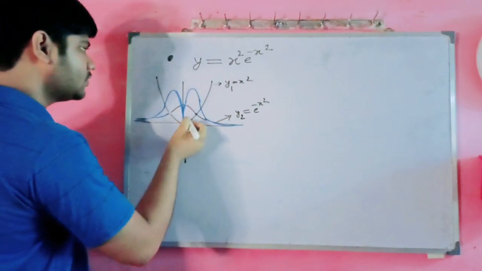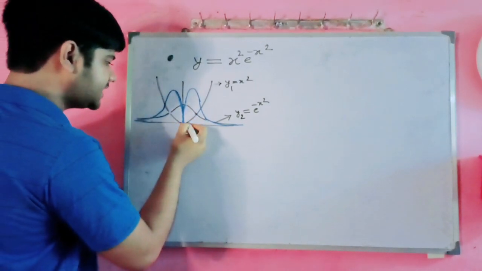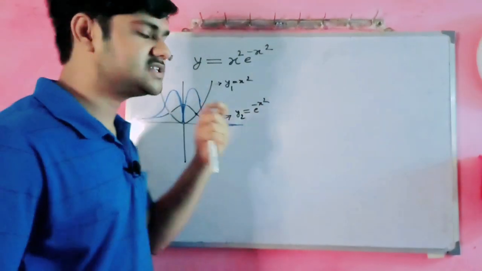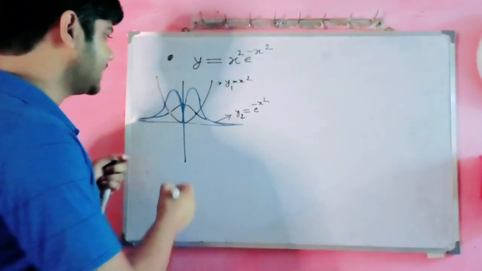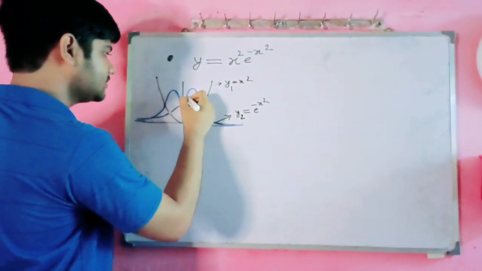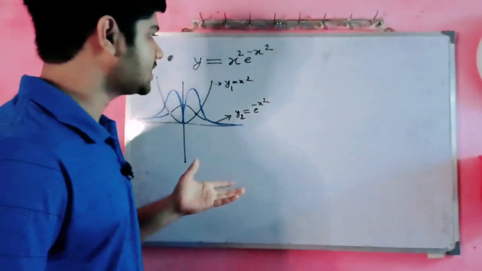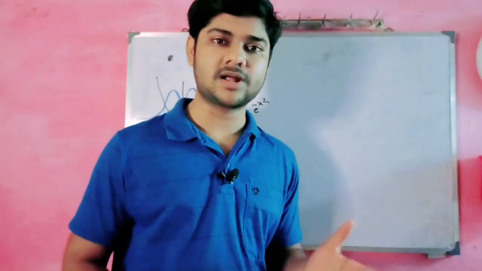At x equals 0, y equals 0, and after that, whether it is positive x value or any minute change in negative x value, the value will be much greater, so it will follow this kind of graph. So this was our brief discussion about the important graphs.